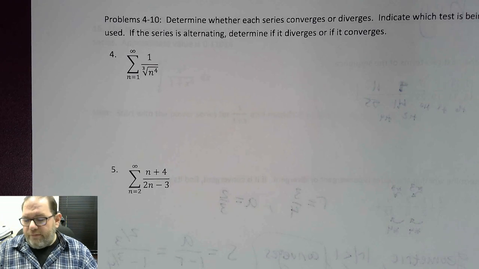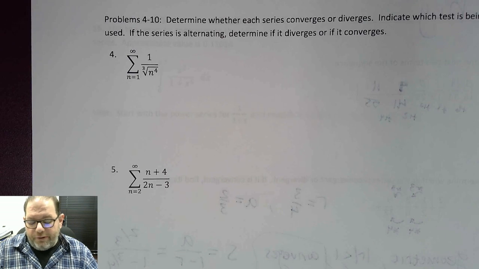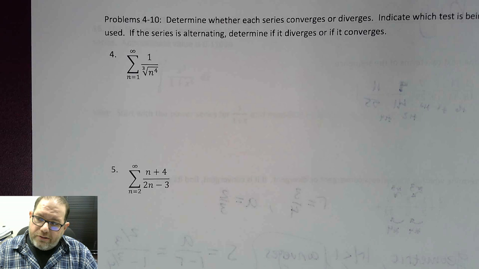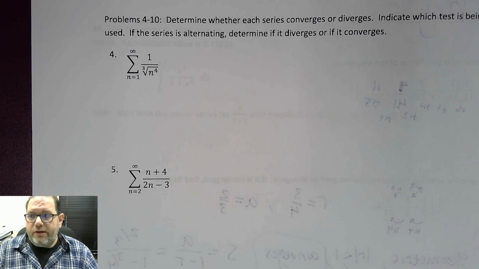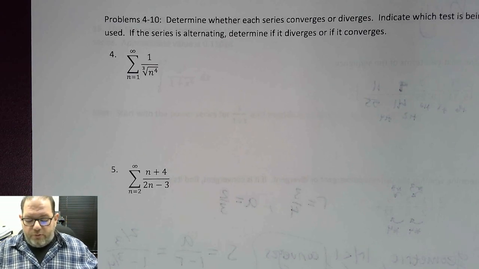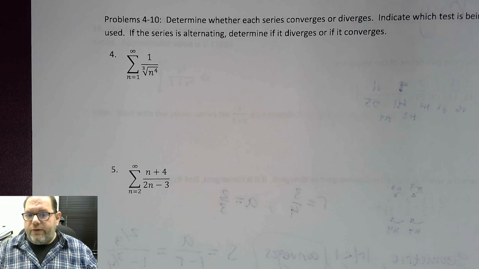The real answer to number 5 is going to be the nth term test, because the limit of that thing is not 0 at infinity. But we could do that with ratio, probably. No, ratio is inconclusive. Ratio would give us a 1. I don't know, but the point is that there's going to be some where there's multiple options, but there's definitely a better option in all these cases.